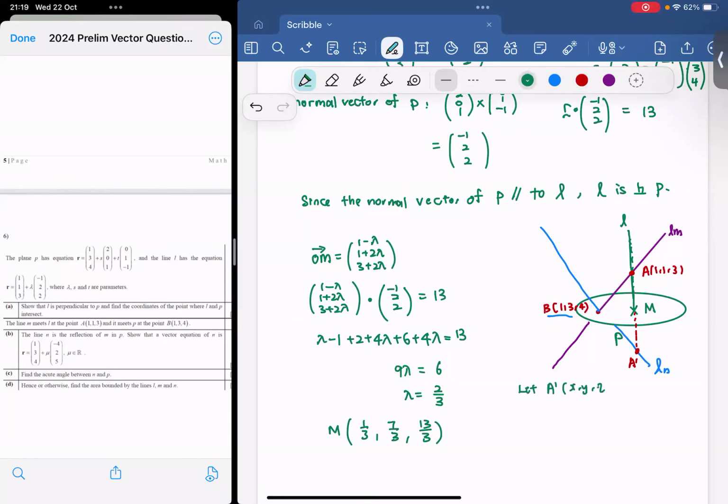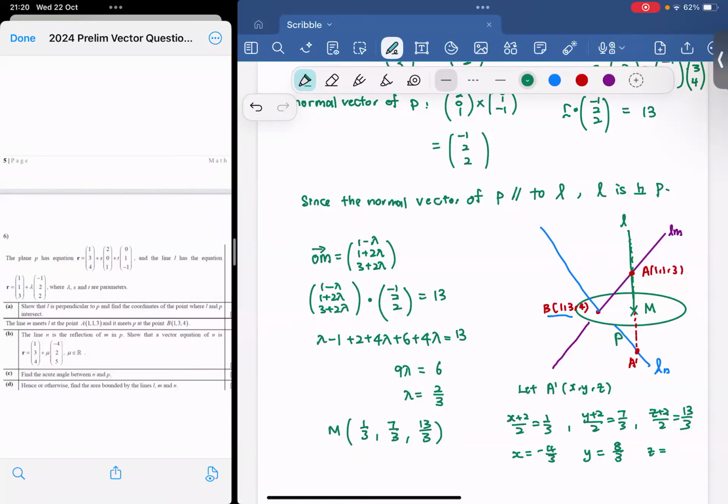Then (x plus 2)/2 must equal 1/3, (y plus 2)/2 must be 7/3, and (z plus 2)/2 must be 13/3.